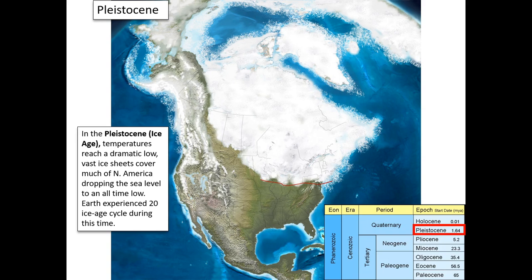During this period, which lasted about 1.6 million years, Earth went through 20 ice age cycles, switching from glaciations to interglacial periods 20 times. So glaciers would recede and rebound, recede and rebound, again and again.